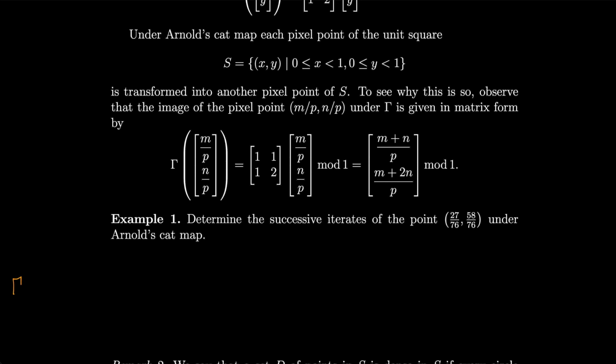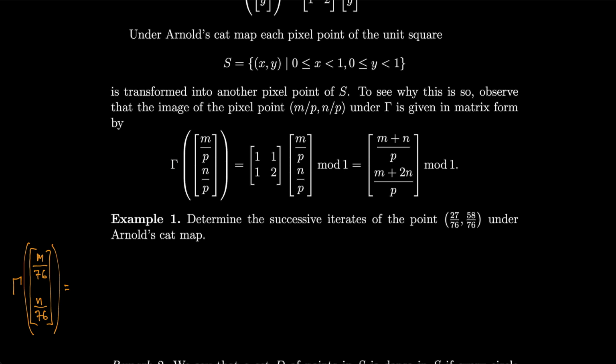It's gamma of (m over 76, n over 76). Let me make this a matrix. And that's the general point we're going to plug in because the bottom is 76, and so that's the p, and then the top will change as we iterate.